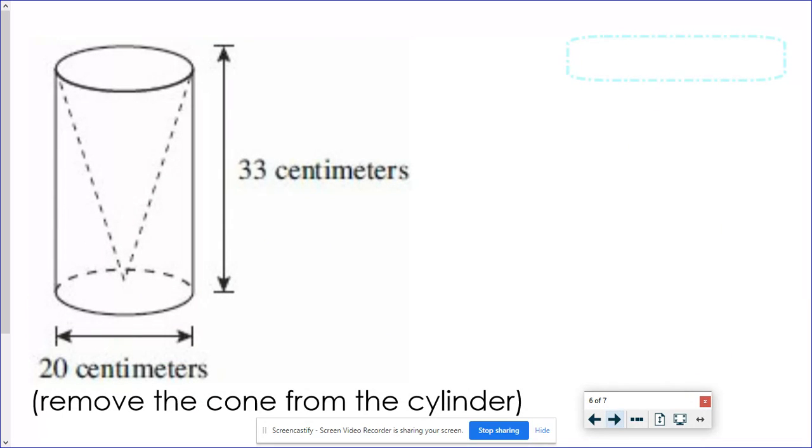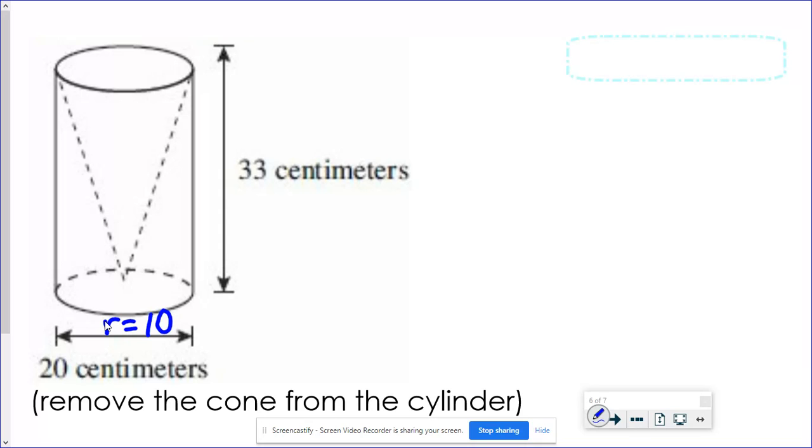Now for this last problem, I have a cylinder and I'm taking a cone out of it. It's actually kind of a cool trick that I can show you at the end of this one. Because I have the diameter of 20 centimeters, that means that my radius for the cylinder and for the cone will be 10 centimeters. The height for both of them, 33 centimeters.